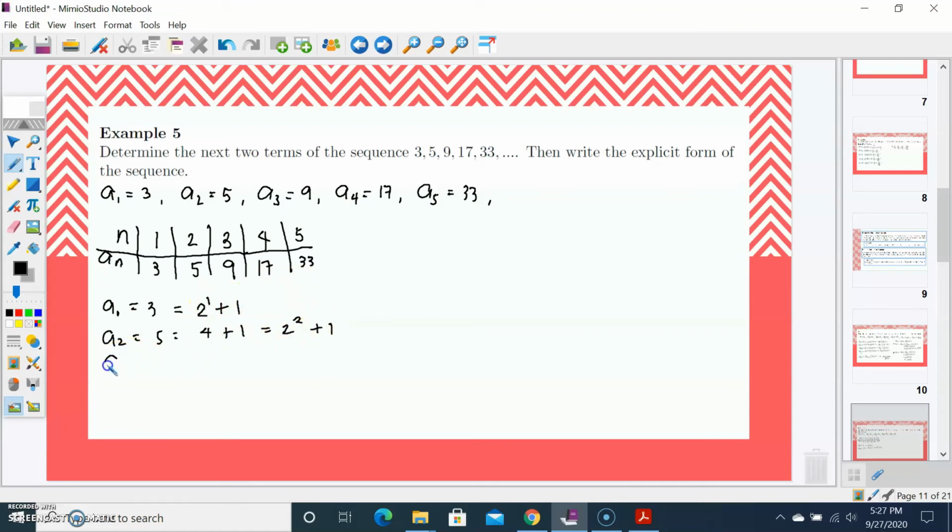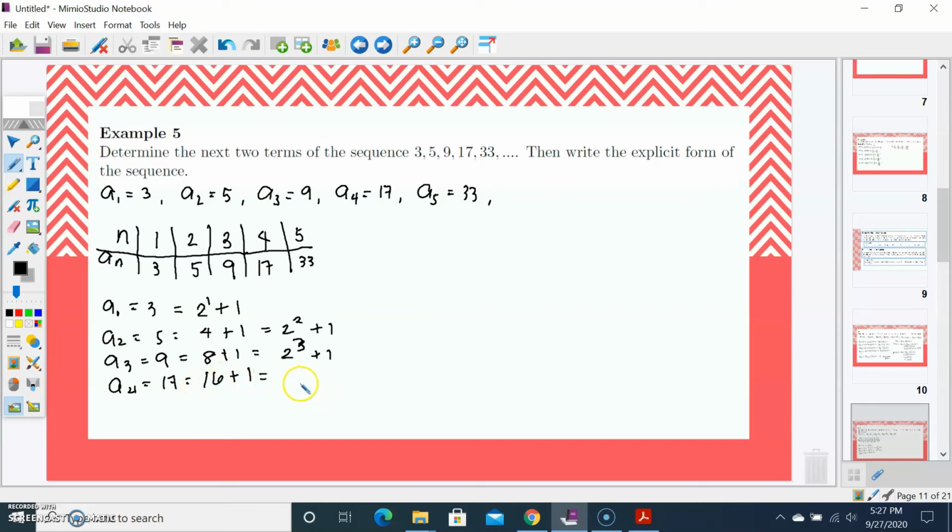Okay? Now, how about a sub 3, which is 9? A sub 3, which is equal to 9, is equal to 8 plus 1, which we can rewrite by rewriting 8 as 2 cubed plus 1. A sub 4, which is equal to 17, is equal to 16 plus 1.